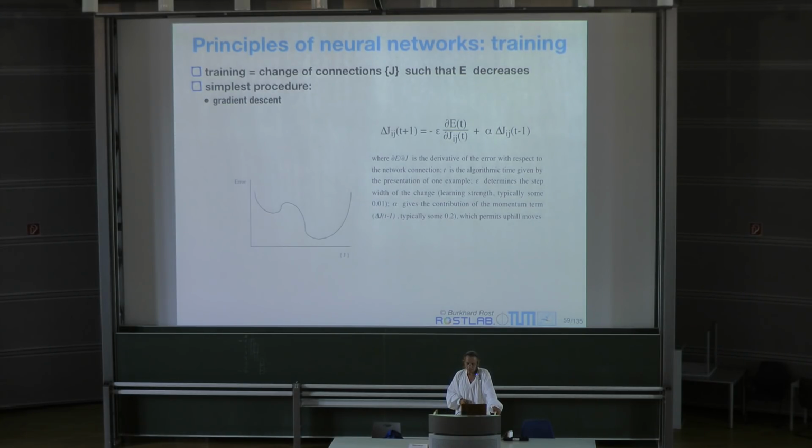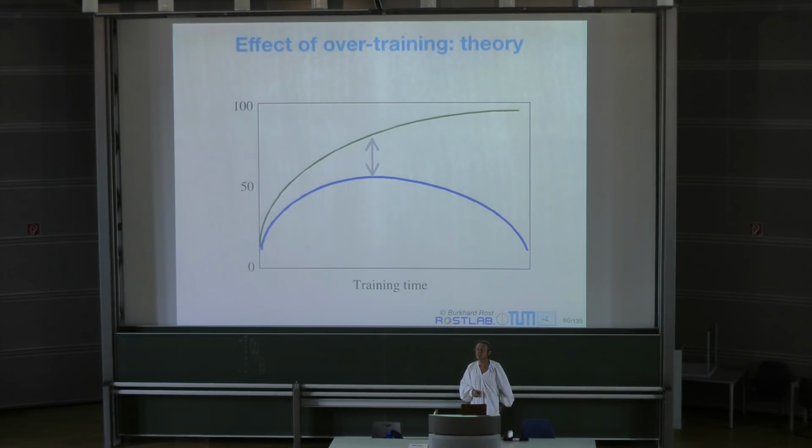Now, the idea is that you sometimes will overtrain with these devices. You will very early see that you overtrain. And overtraining is illustrated here, where you show training time and you show performance. Can somebody tell me what green and blue means?